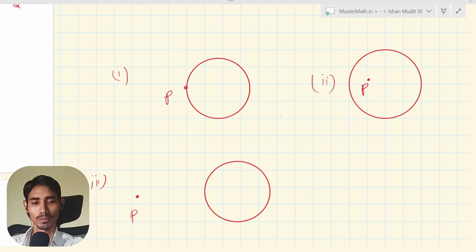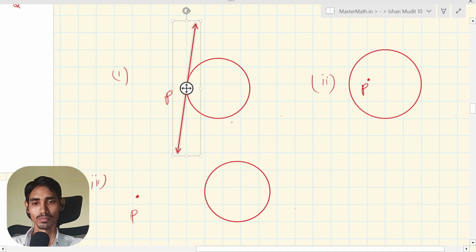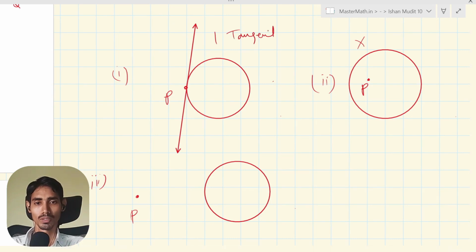Yes, Mohita. For the first case, 1 tangent. Yeah. The second one, 0. We can't have no tangent. And the third one, 1. Okay, no tangent to the circle, from the point to the circle.